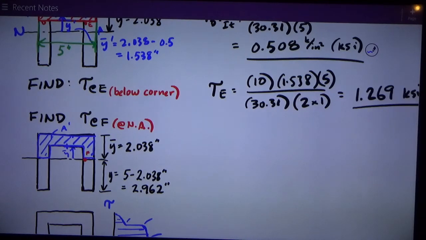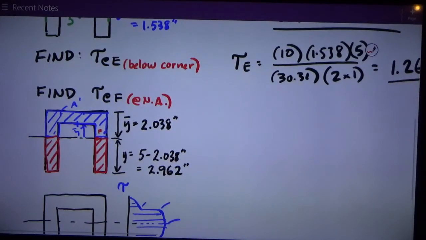But a much easier thing is to calculate the area A prime and Y bar prime of this section in red below the neutral axis. Once again, it's away from the neutral axis, this is just below. So it's both of these vertical legs, these segments of them. So it's the area I'm shading in red. I need to observe that if y bar is 2.038, this y distance at the bottom is just 5 minus that distance.